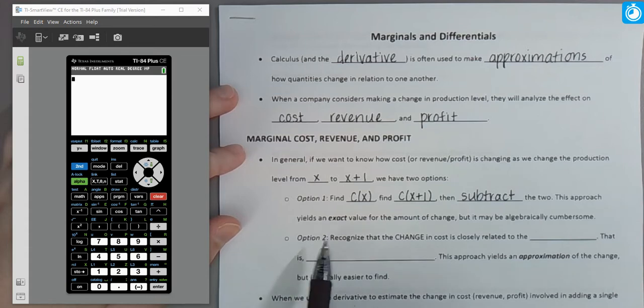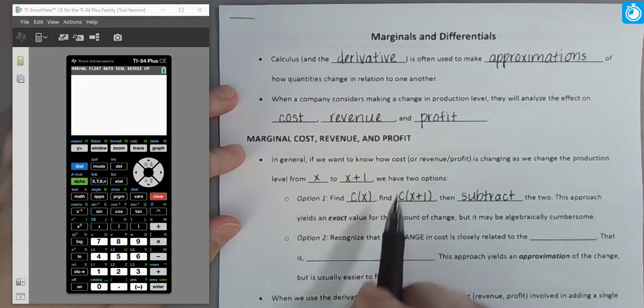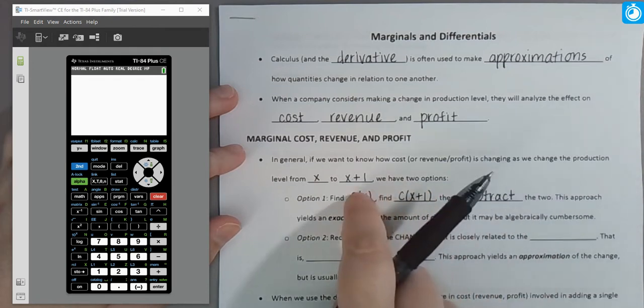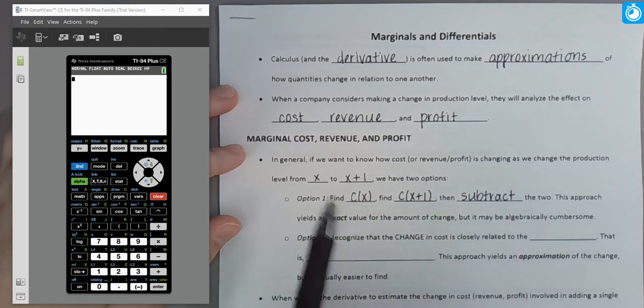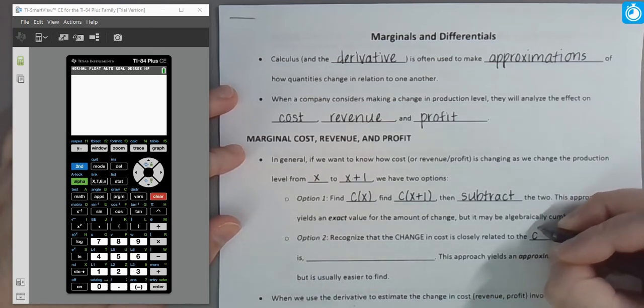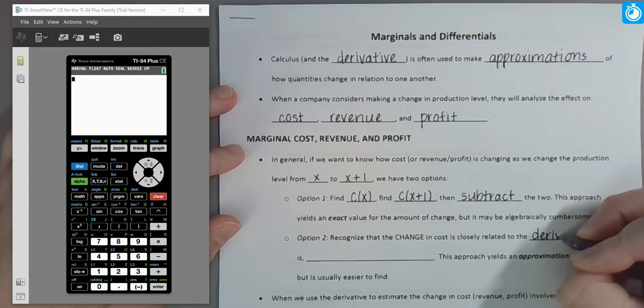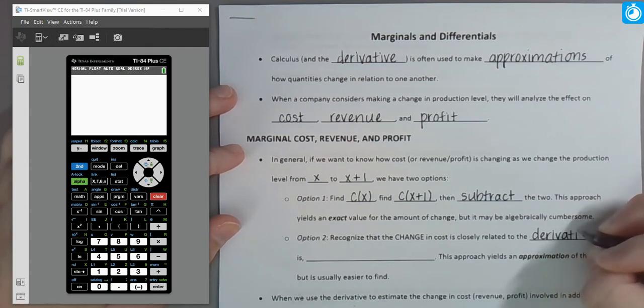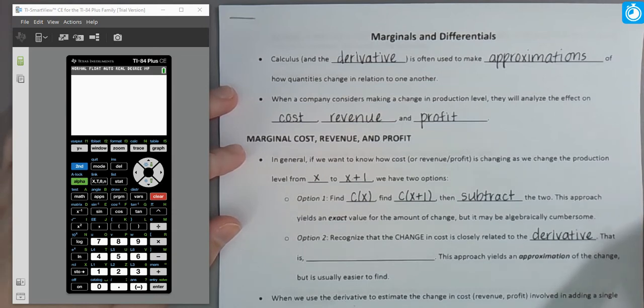So option 2 is to recognize that the change in cost, not total cost, but if we're just interested in the change to increase production by 1 unit, the change in cost is closely related to the derivative. Because remember, the derivative tells us how a particular value is changing with respect to another.